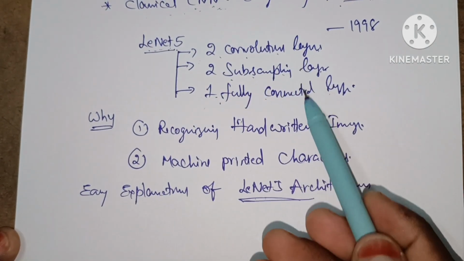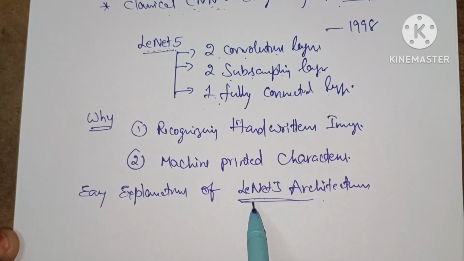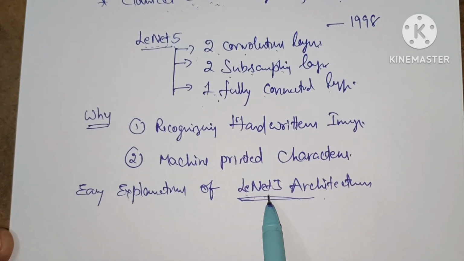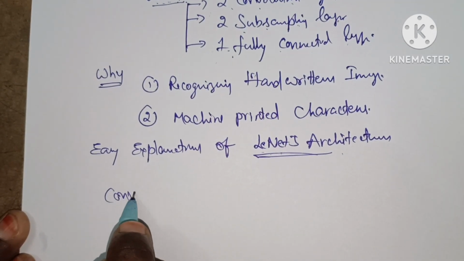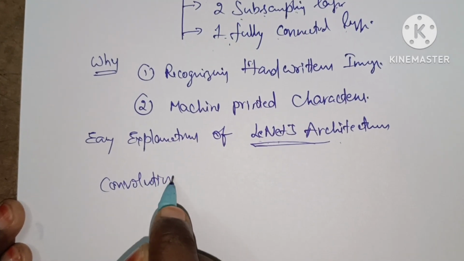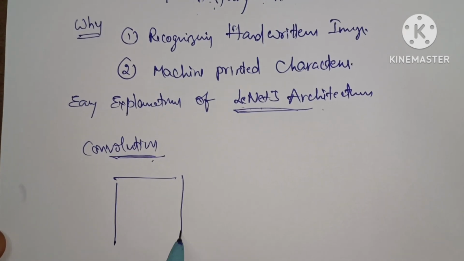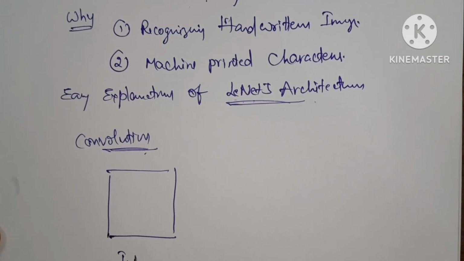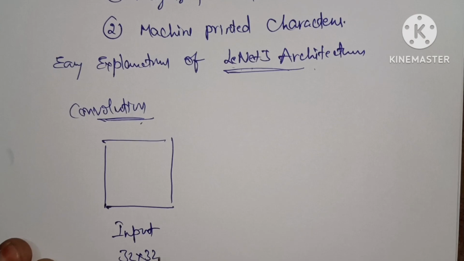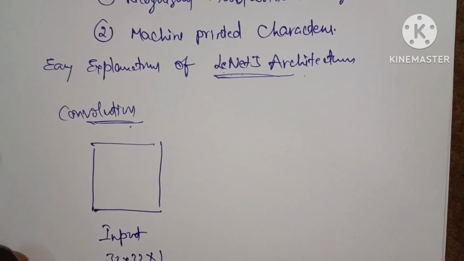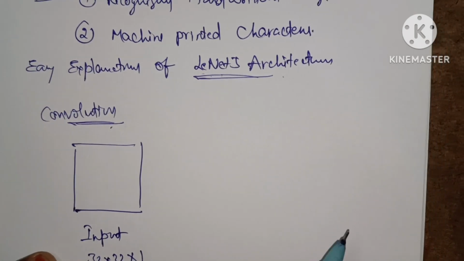If we see how these layers are processed in this architecture, then we can easily understand LeNet5. First one is convolution. First you take an input image. The input image size is 32 into 32, a single image. So 32 width and 32 height.